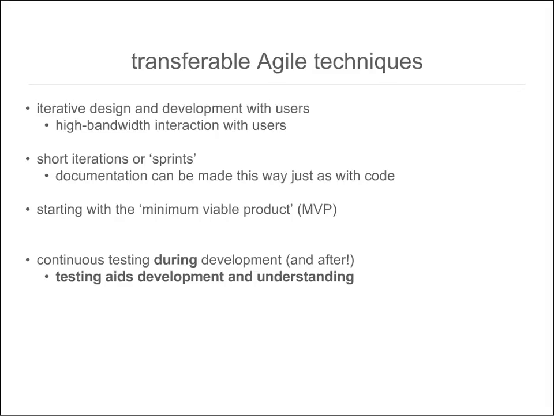You have a 2-week sprint, develop some software, and then you have a review, and then you have another 2-week sprint, and so on. I think with developing a metadata profile, those sprints will likely be a bit longer than 2 weeks.